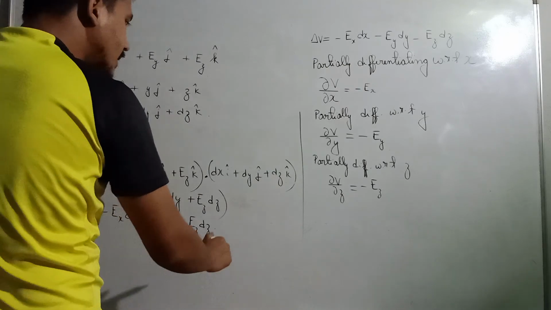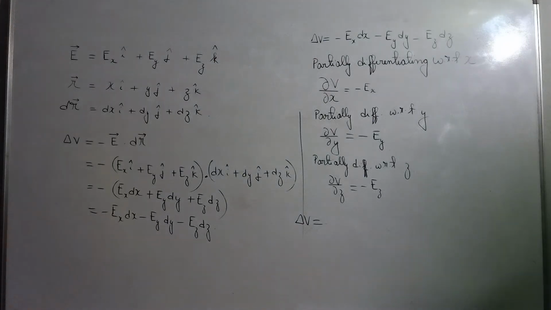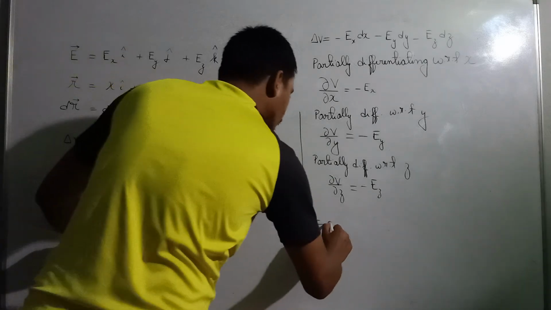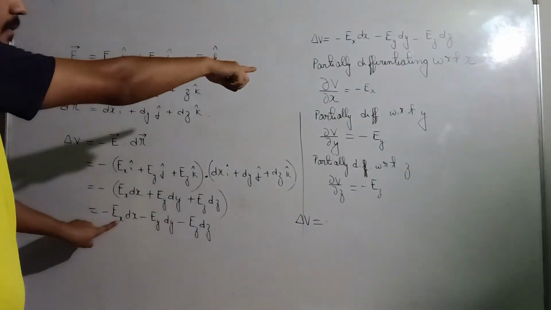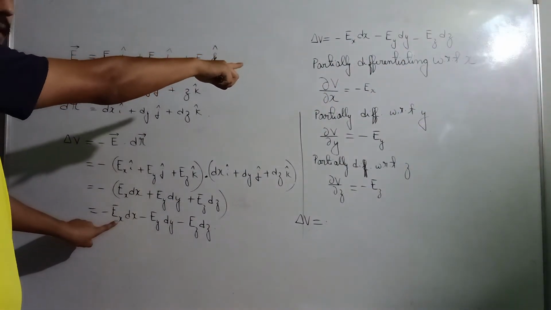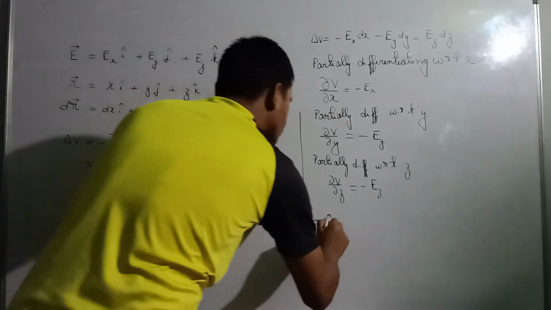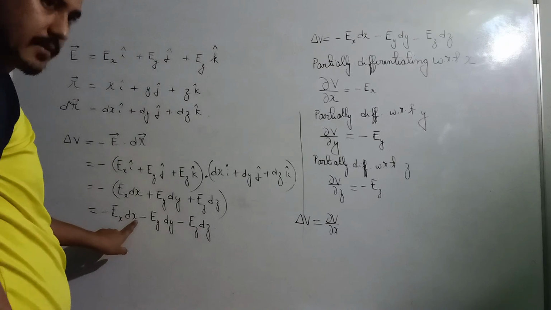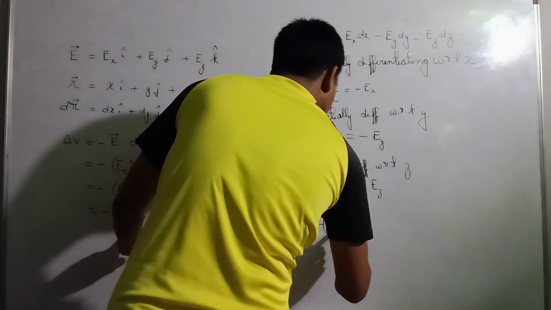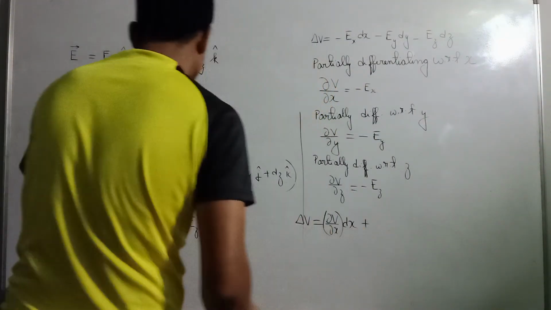So your delta v now becomes, it's very dim now. That's okay. Your delta v now becomes minus, okay, what is minus ex? Del v by del x into dx, plus.